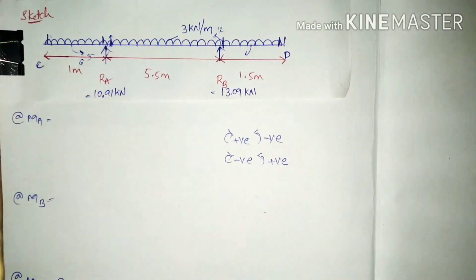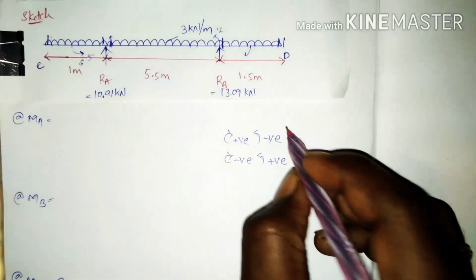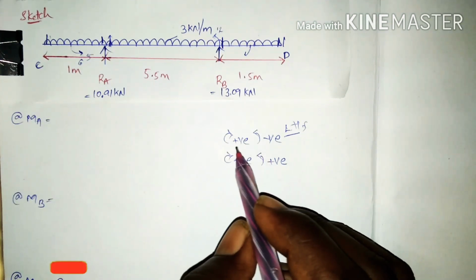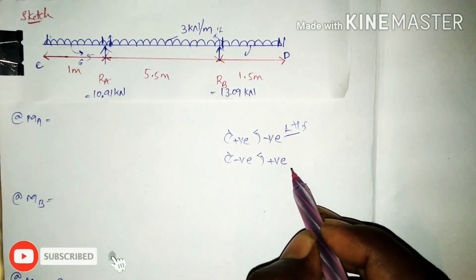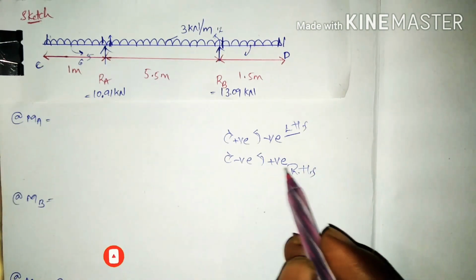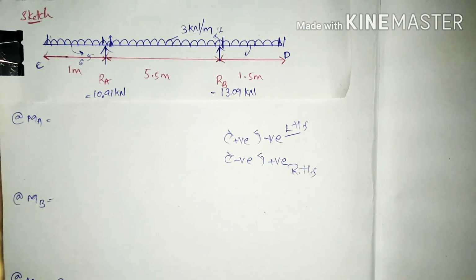This is our sign convention. If I take the moment about A from the LHS, I am going to take these sign conventions. If I take the moments about A from the RHS, I am going to take these sign conventions.